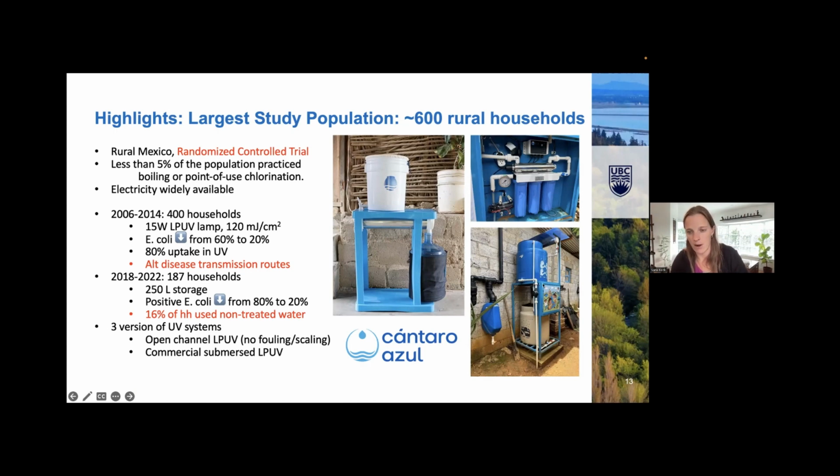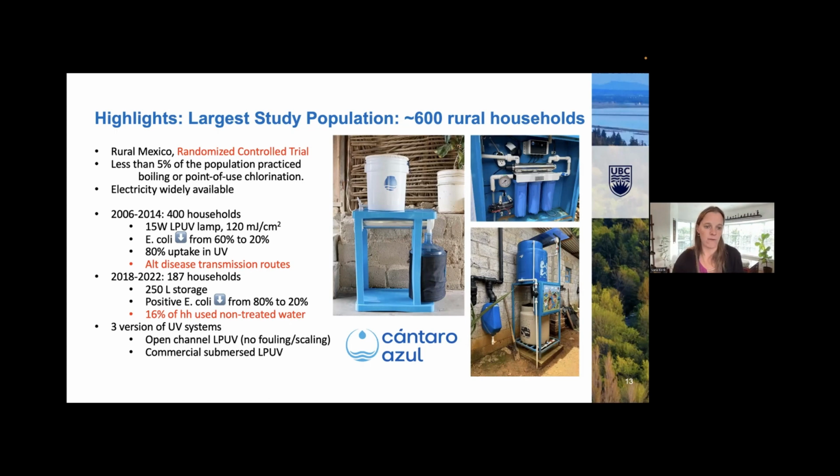So here in the bottom right, these were 250-liter storage tanks treating all of the water that was being used by the community. And here, they did see a decrease in E. coli from 80% down to 20%. And they also saw 16% of households were still using non-treated water. So there were still, again, alternative disease transmission pathways that way.